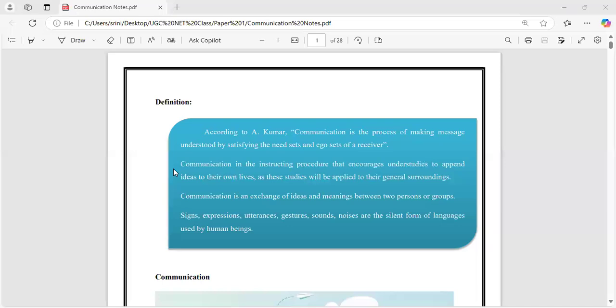We have more definitions of communication. Communication is the exchange of ideas and meaning between two persons or groups. Signs, expressions, utterance, gestures, sounds, noise are the silent form of languages used by humans.